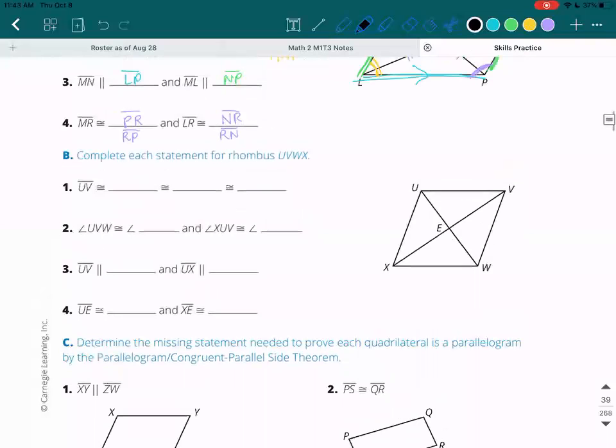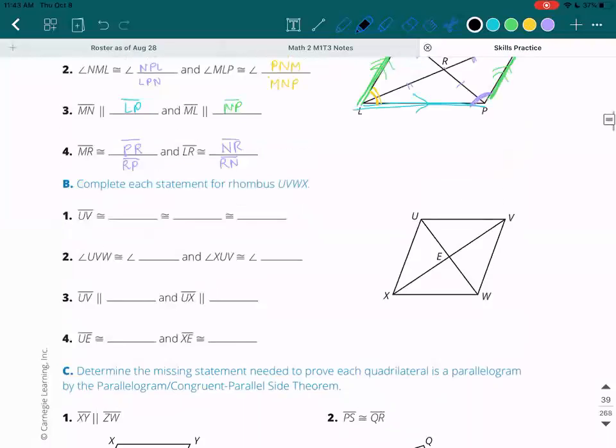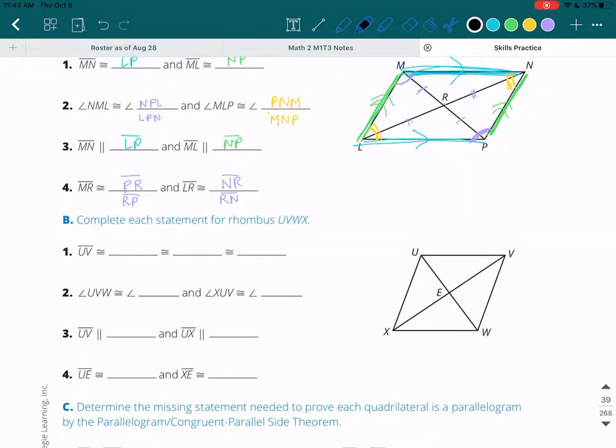Complete each statement for rhombus UVWX. It's a rhombus, so that means all four sides have to be congruent. Let me mark which one they start off with. UV is congruent to, you can list it out or just say them all, what is it congruent to? XW is one of them.